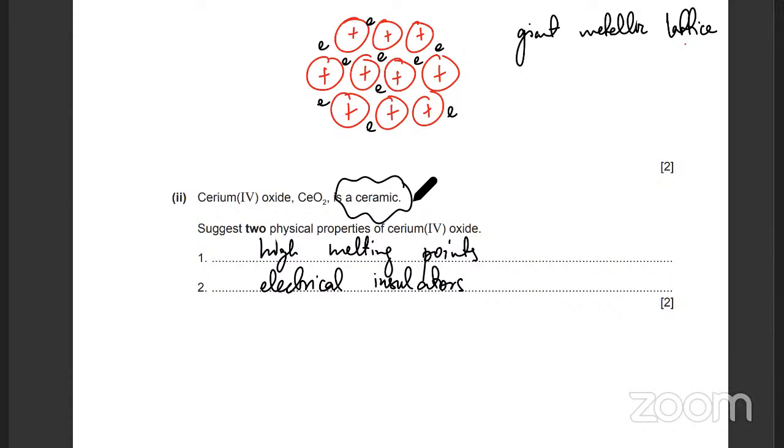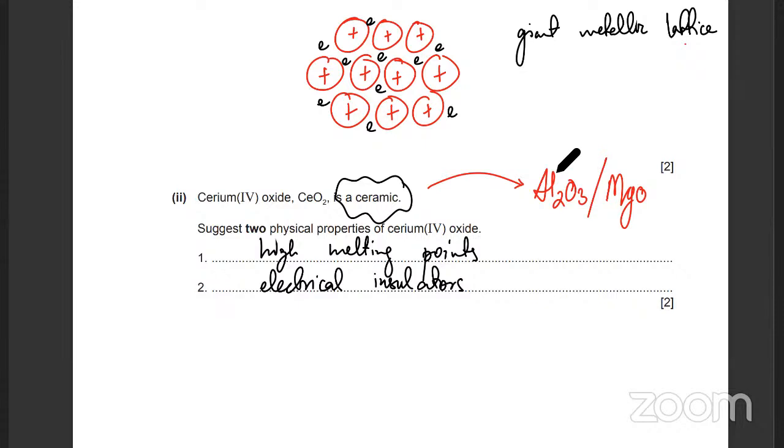What are the three common ceramic materials that you should know of? There were two ionic compounds which had really high melting points and were structurally very strong, and the reason was that the ionic lattice was really strong because they had a very high charge density.